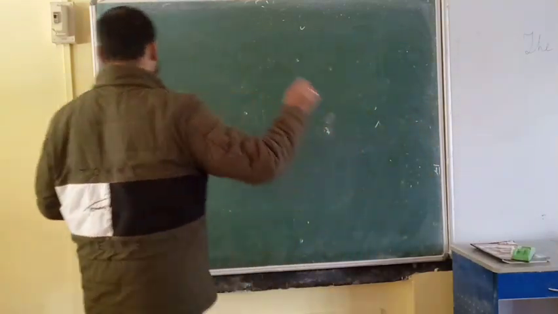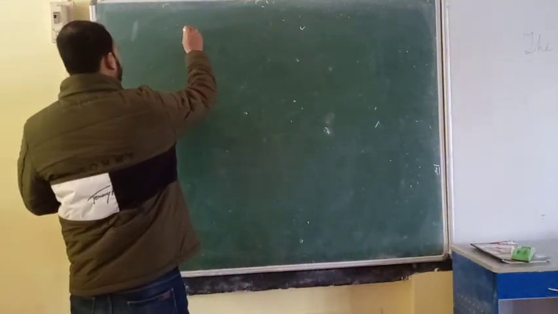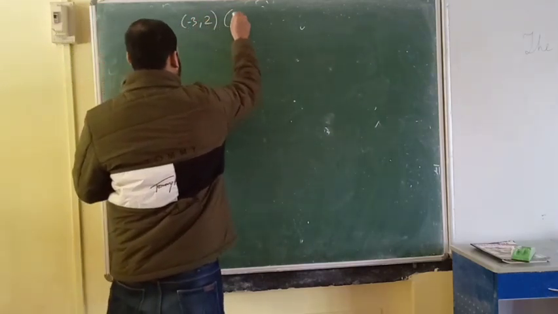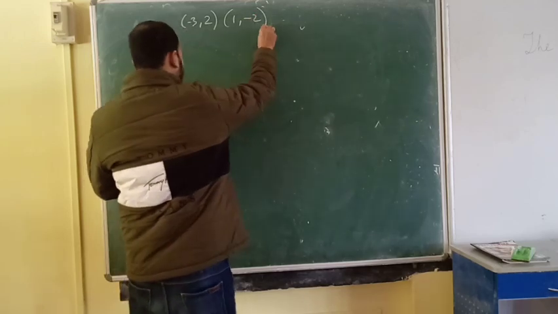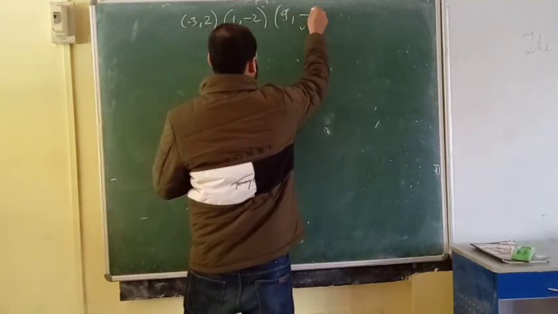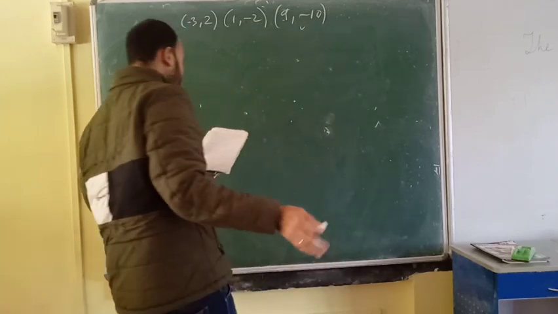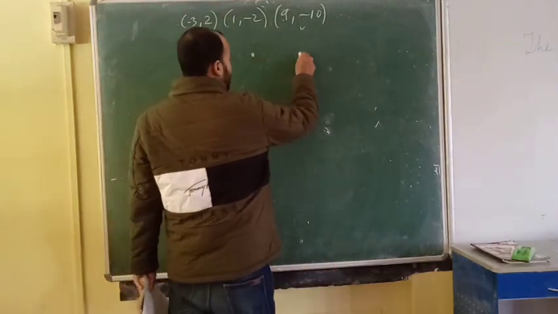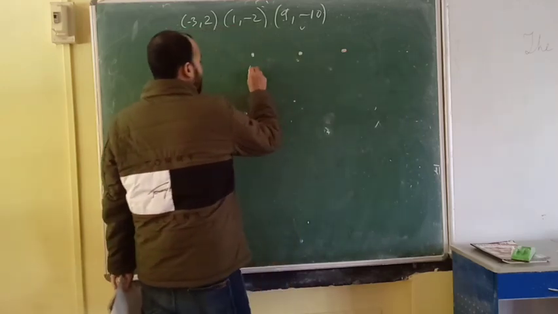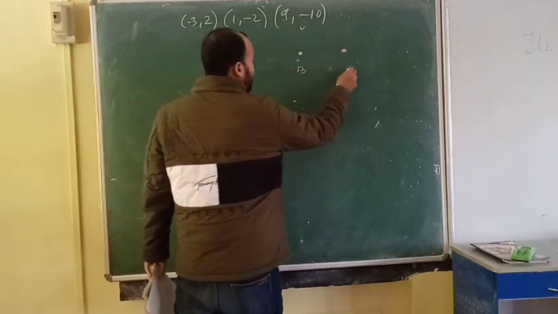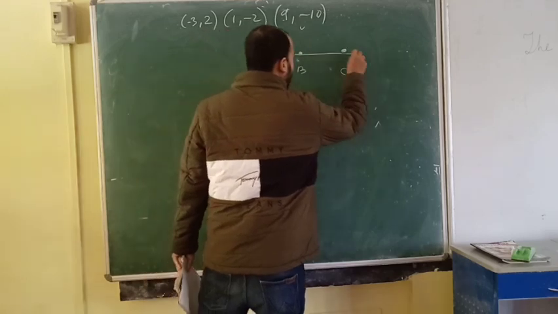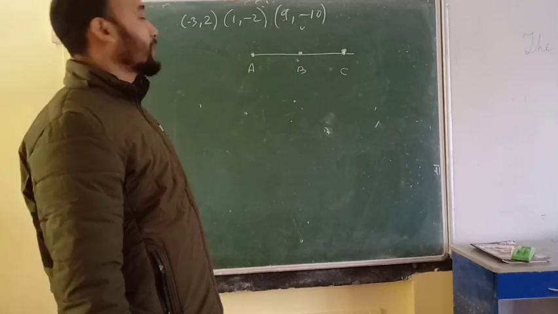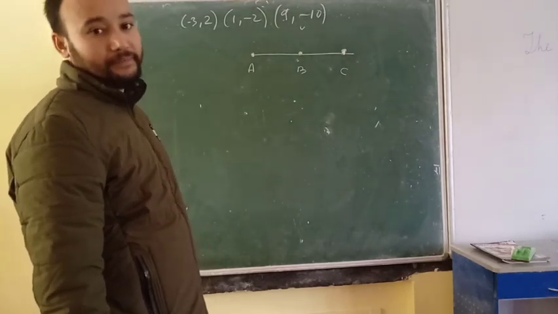Now there is one question given: the distance between the points minus 3, 2 and 1, minus 2 and 9, minus 10. There are 3 points; you have to see if they are collinear. Collinear means suppose this is point A, this is point B, this is point C. If they are lying on the same line, then they are said to be collinear.